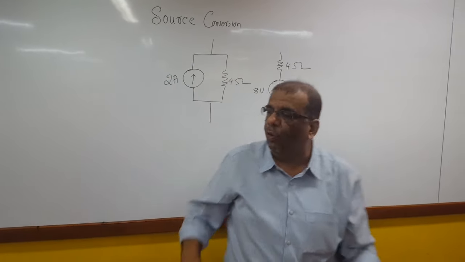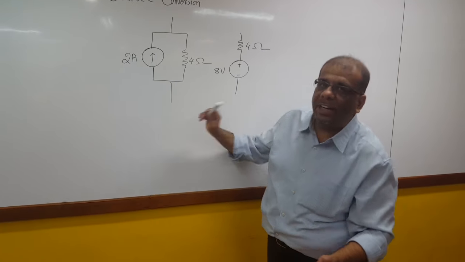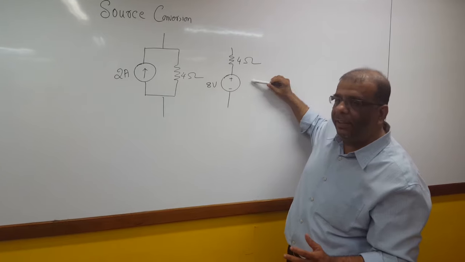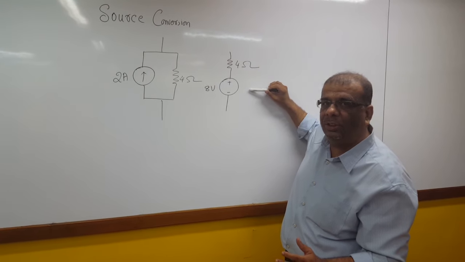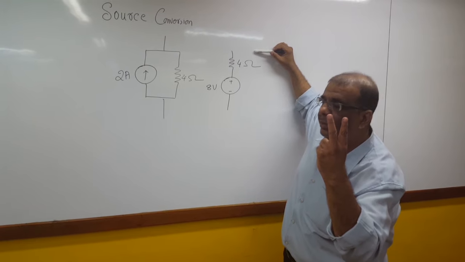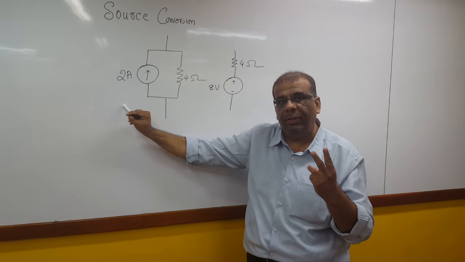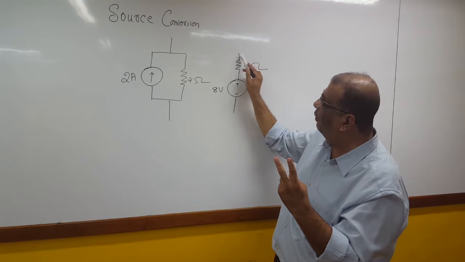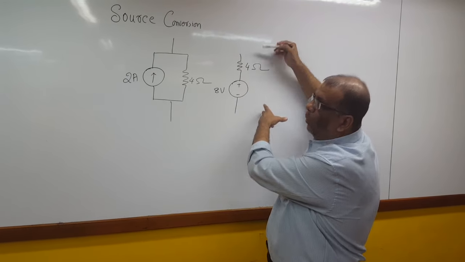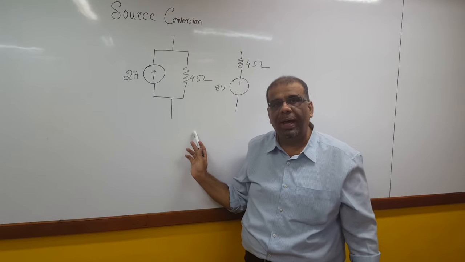How do I convert from voltage source back to current source? Oh, that's a little bit of common sense. 8 is the potential drop, is the source, divided by 4, that will give me a current of 2 amperes. So here I get a current source of 2 amperes. And the same 4 ohm resistance, which was actually connected in series, will now be connected in parallel.